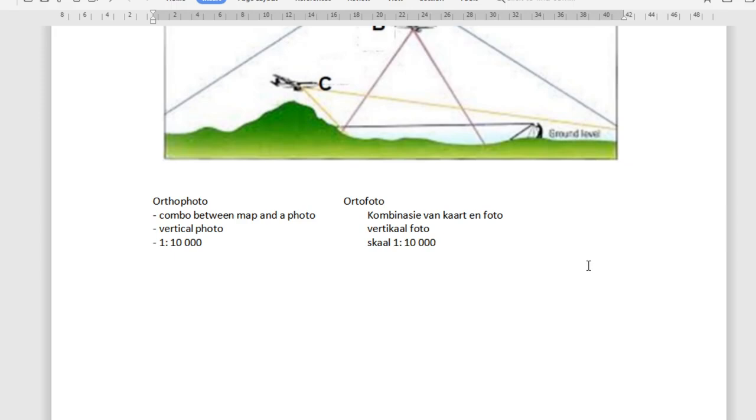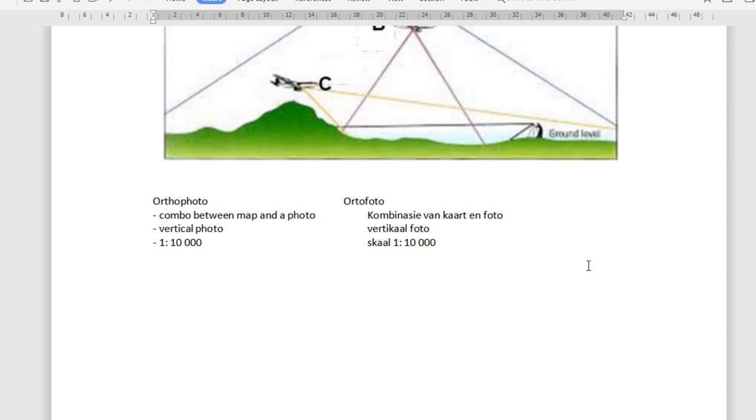So usually when we work with orthophotos, it's zoomed in a bit more from the map so that we can see more detail, so it's not as big an area, and it's just a part of the topographical map that's shown.